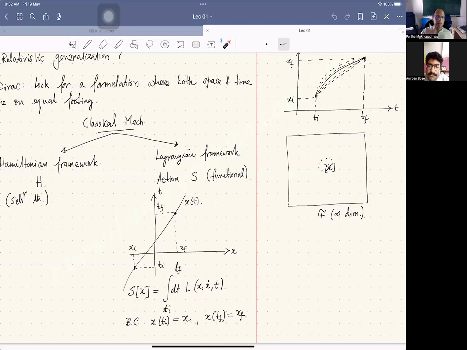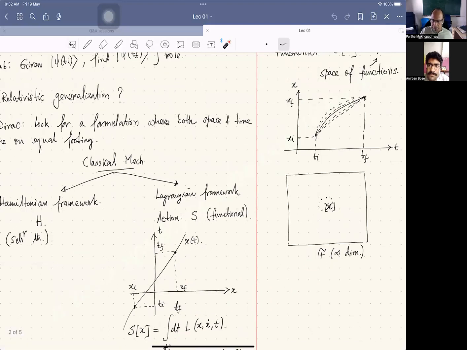When you give that for a specific function, for a specific path, so here I am taking a specific path, so ti to tf, the x goes from xi to xf. There can be many paths, but suppose I take a specific path. This specific path is this function x, and then you calculate the derivative. Then the derivative is also a function of time.